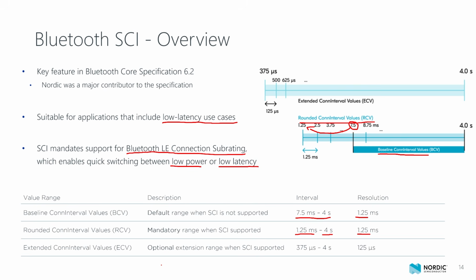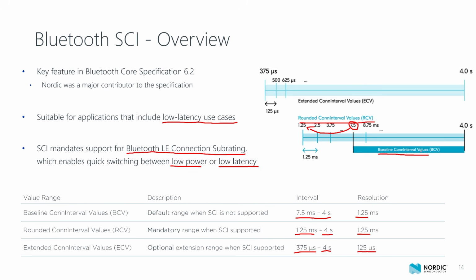And then optionally, on top of the mandatory, you have the optional extension range when SCI is supported, which is the extended con interval values. And this brings the connection interval all the way to the microsecond realm. So 375 microseconds while keeping the upper limit at 4 seconds. It also brings down the resolution by a factor of 10, so an order of magnitude, down to 125 microseconds.